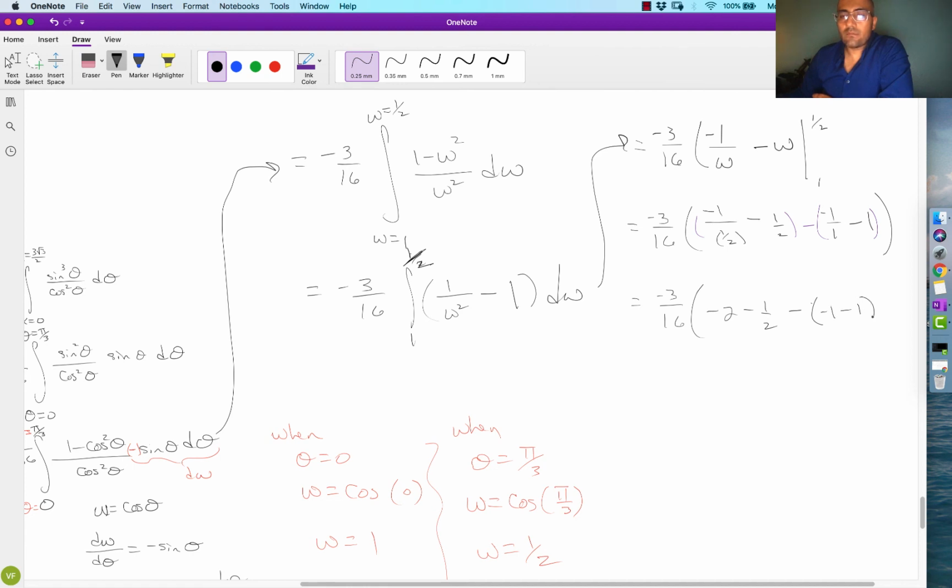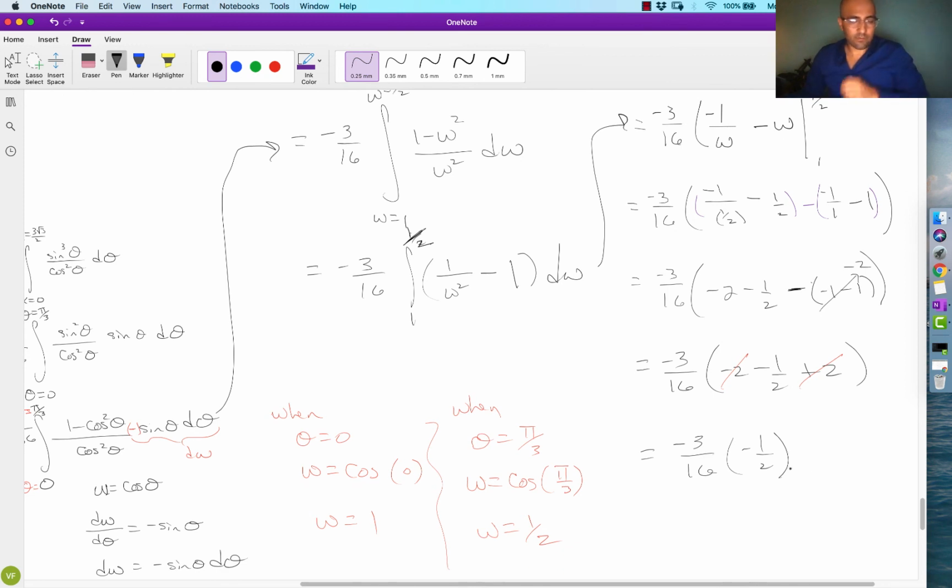So then this becomes -2, and then minus -2 becomes +2. -3/16 times (-2 minus 1/2 plus 2), which means that these two will cancel, -2 +2, so we just end up with -1/2, which ends up being -3/16 times -1/2, which becomes positive 3/32. Whew, that was messy.